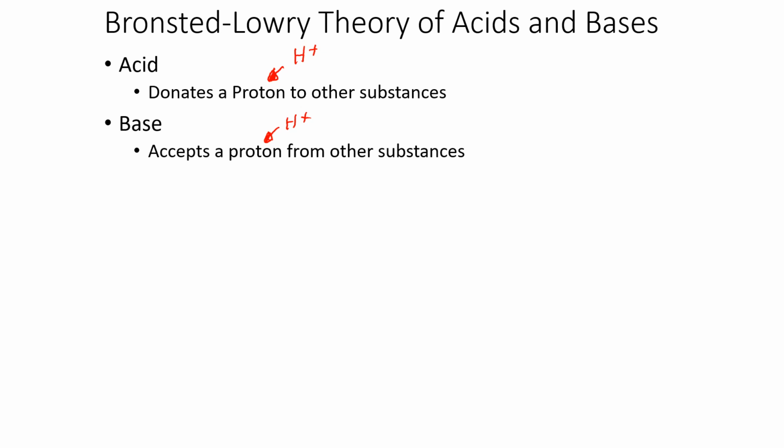So this opens up the definition of what an acid is and what a base is. The same things that are acids under the Arrhenius definition are still acids. So HCl is still an acid under the Bronsted-Lowry definition. Why? Well, because you can see that it'll give up that hydrogen ion.